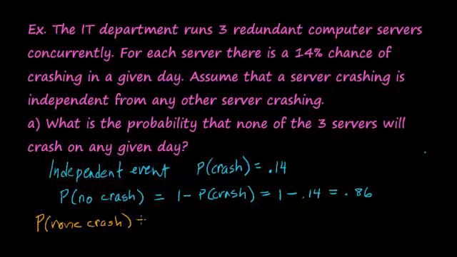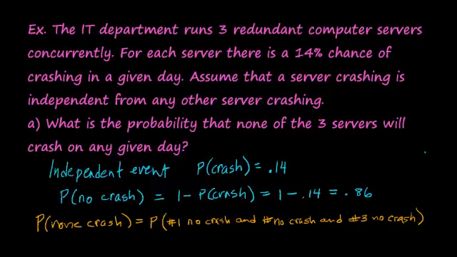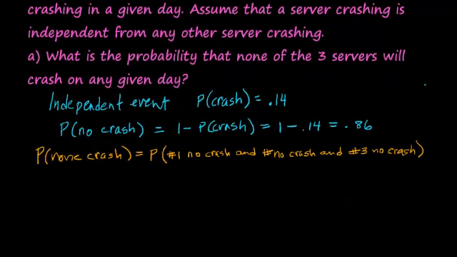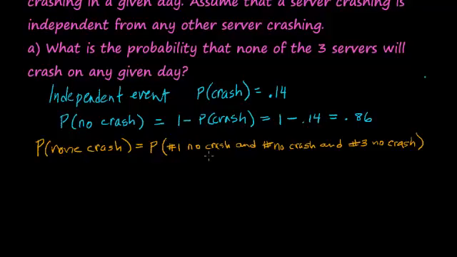Well, that will only happen if we have the probability that number 1, no crash, and probability that number 2, no crash, and number 3, no crash. That's what has to happen. That's what we're asking. What's the probability none crash? So that 1 doesn't crash, 2 doesn't crash, and this word and, multiplication rule, 3 does not crash.